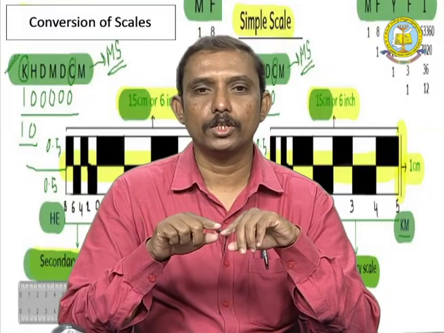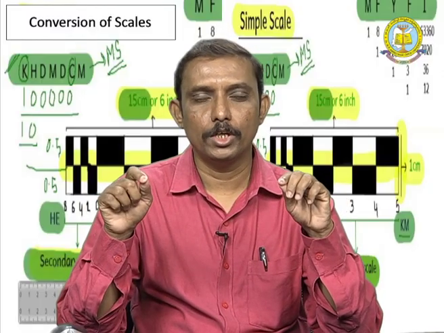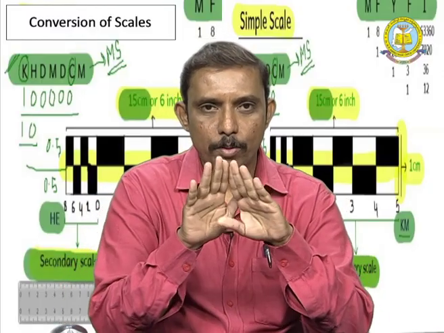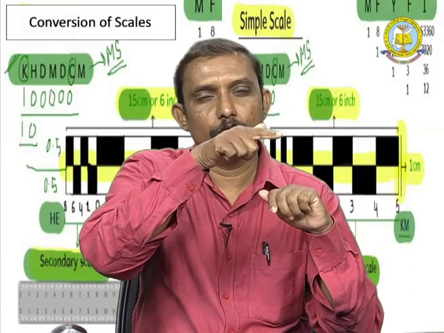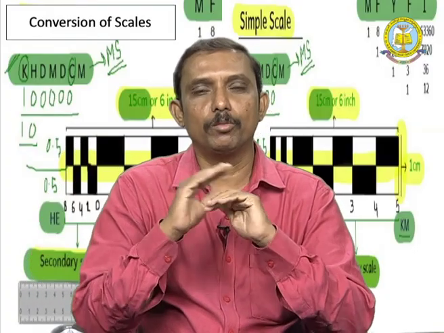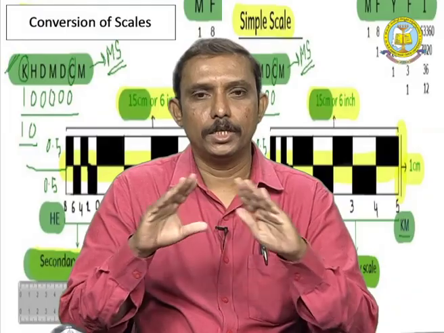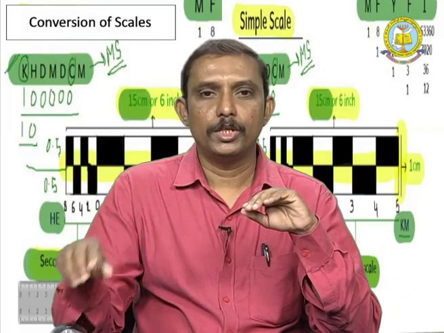Next we have to construct the scale. For that we know the scale: 15 centimeter. On a paper, take a scale bar and draw a line of 15 centimeter. It will represent 15 kilometers. You have to write down 15 centimeters.